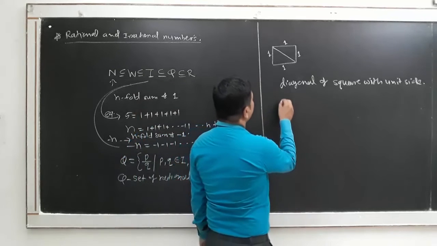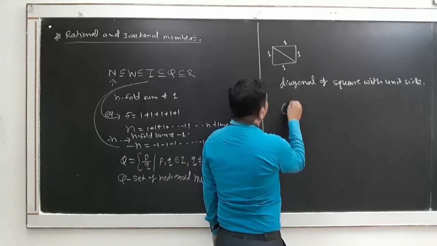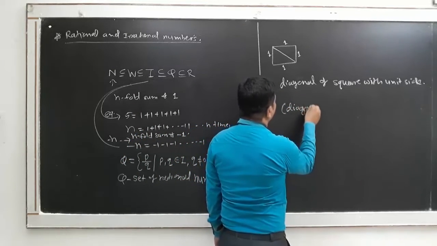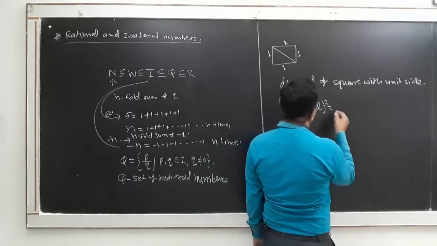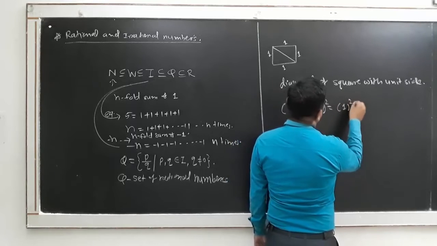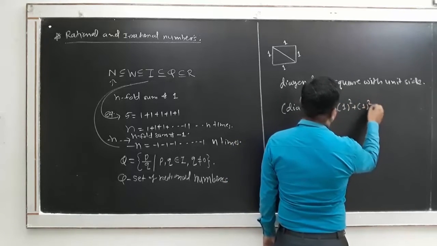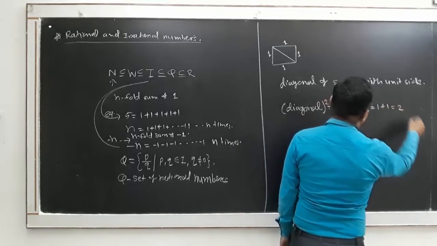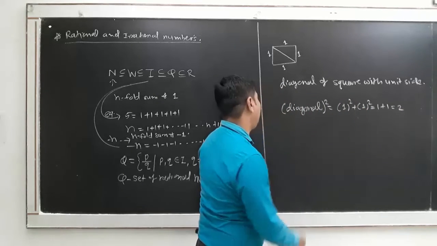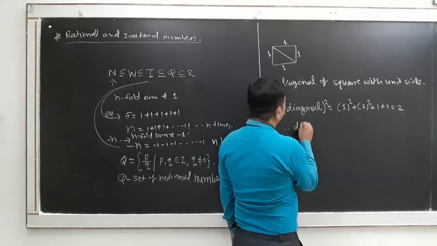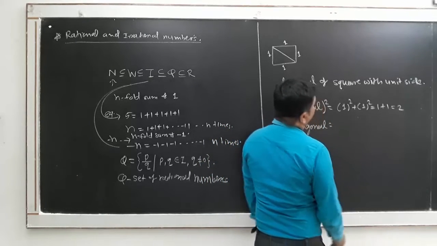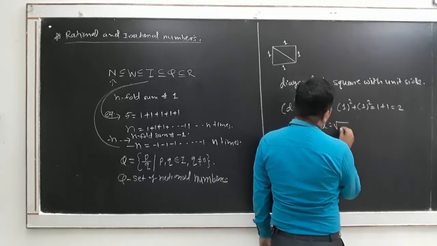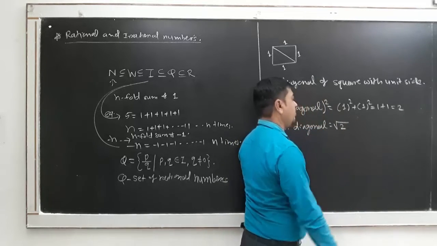What is the Pythagoras theorem? Hypotenuse square, and the hypotenuse is nothing but our diagonal. Diagonal square is equal to side 1 square plus side 2 square. This is 1 square plus 1 square, which is 1 plus 1, equal to 2. Therefore the diagonal of a square with unit side is equal to root 2.